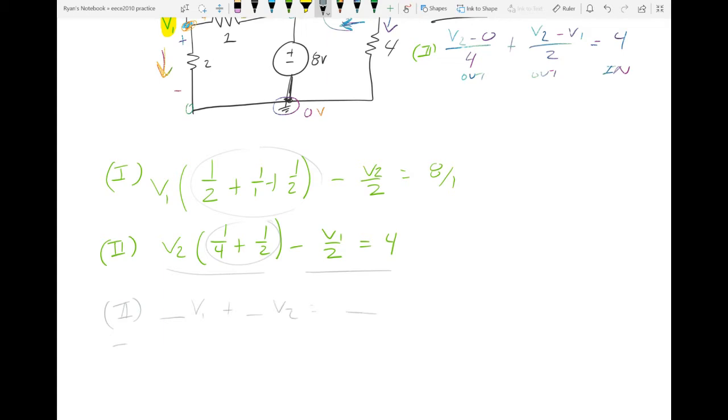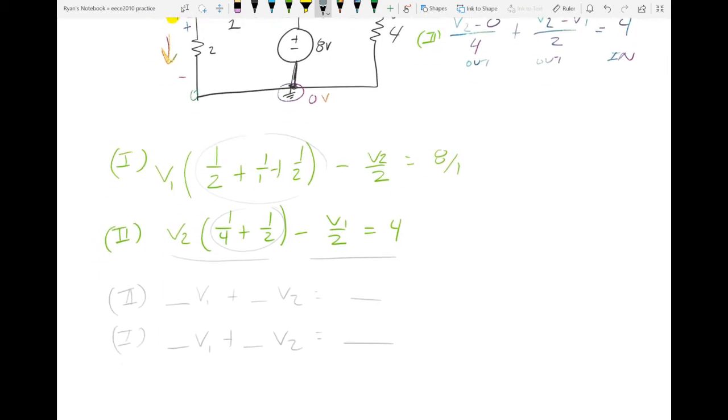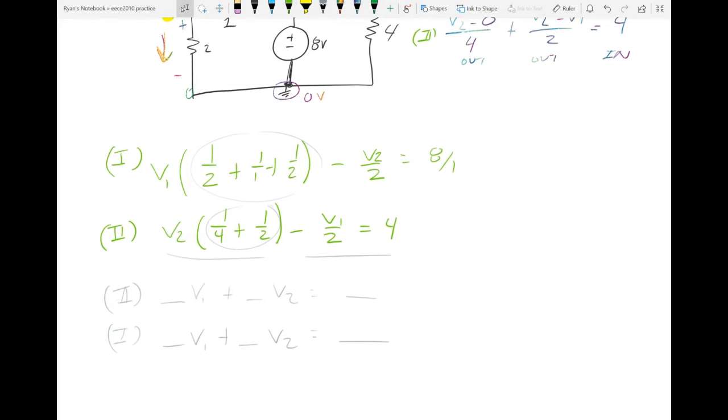You want to get everything in that form, even if you're not going to do a matrix operation, just to straighten that out, because that's the way she presented all her answers on the practice.